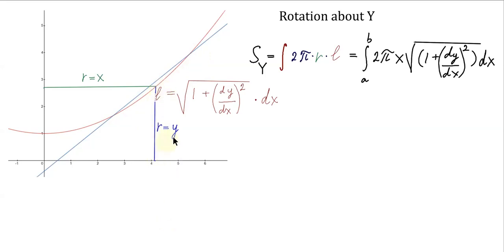The radius of rotation happens to be equal to y. And the question is, what is the length of the rotation, the circumference of rotation? 2 pi times r. The r is blue this time, which is equal to y. So the length of the rotation is 2 pi times r.